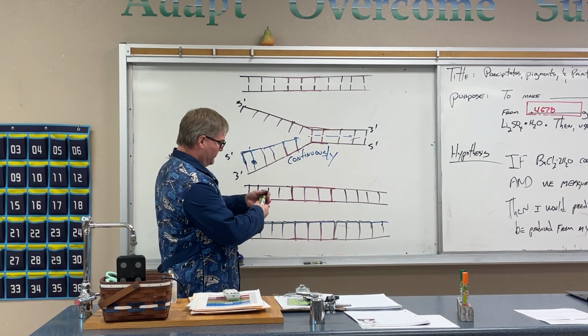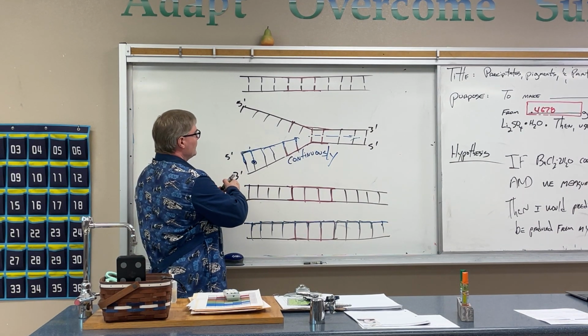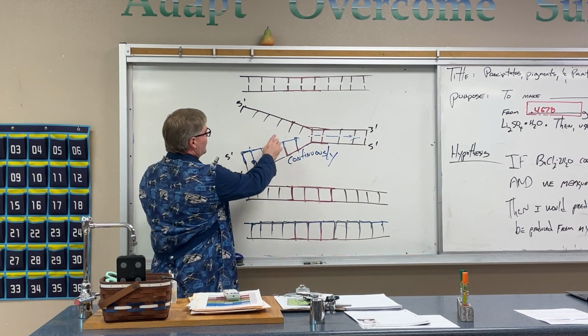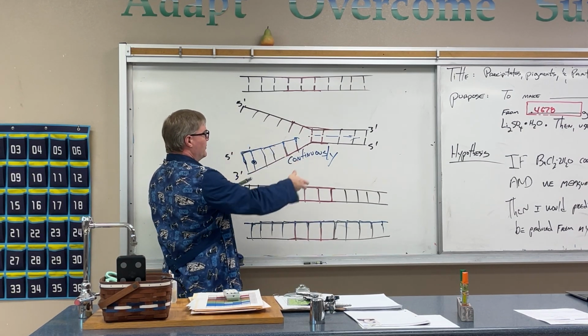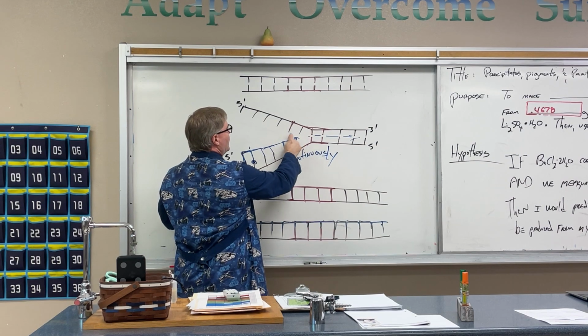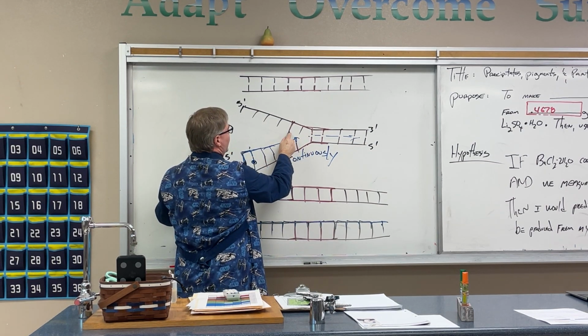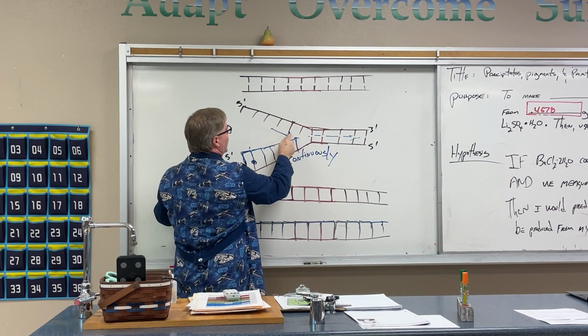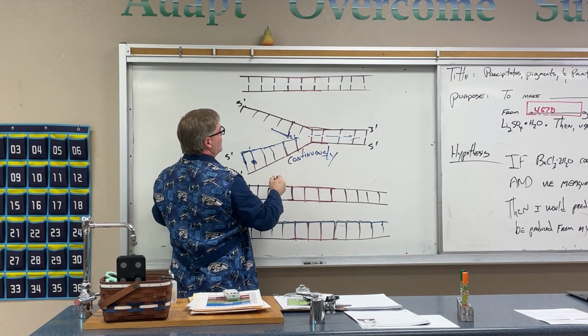So what happens is, to build this top piece here, the machinery of the cell has to start here, close to the zipper, and add the nucleotide. So it adds a nucleotide here. This would be the 5' end.